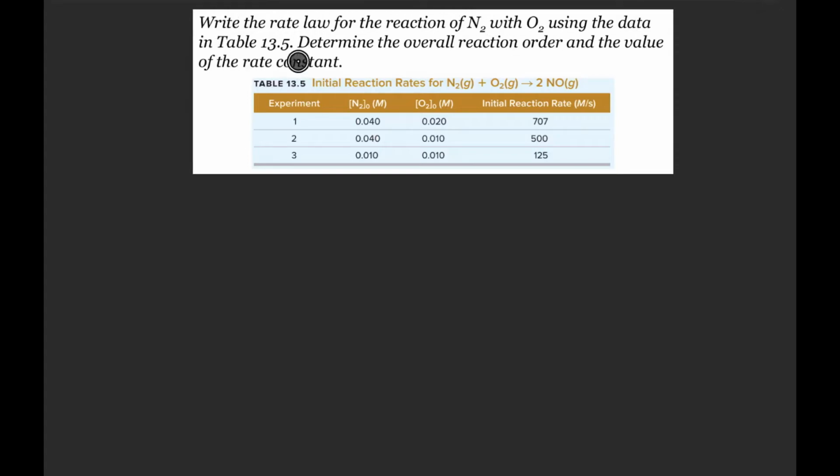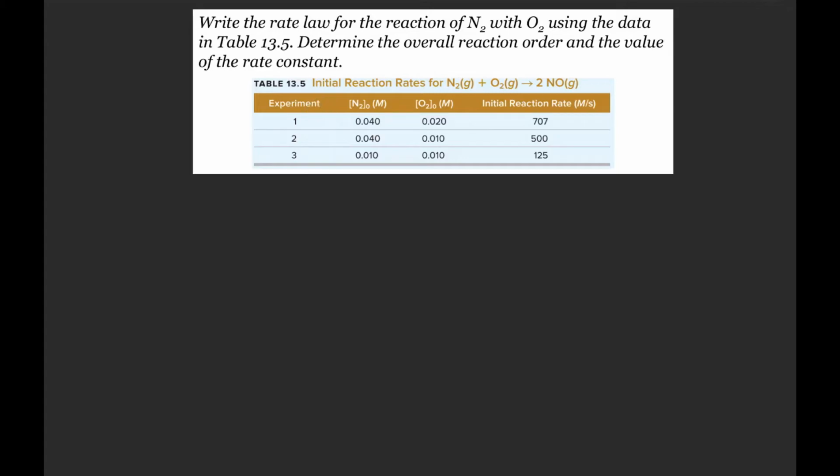And we need to know the rate constant, which is the proportionality constant between the product of the concentrations and the reaction rate itself. Importantly, our rate constant is independent of concentration, and so the same rate constant and indeed the same reaction order will apply for the conditions in all 3 of these experiments.